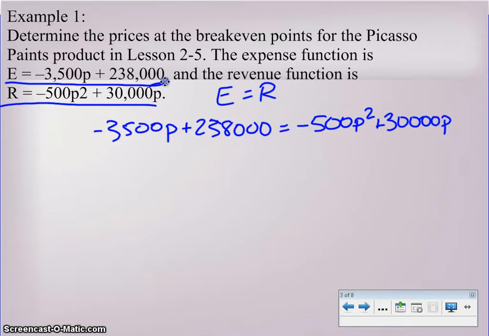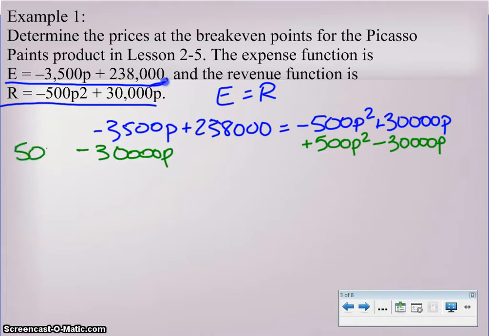So first thing we're going to do is move everything that's on the right over to the left. So we're going to add 500p squared, and we're going to subtract 30,000p. If you're okay with that, I'm going to do it all in one fell swoop. So we've got negative 30,000p, and a positive 500p squared. I did that so that it lines up.